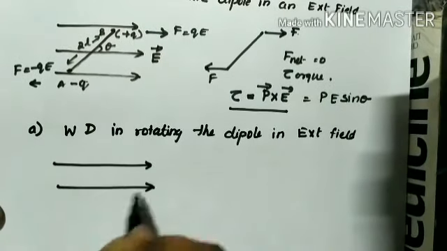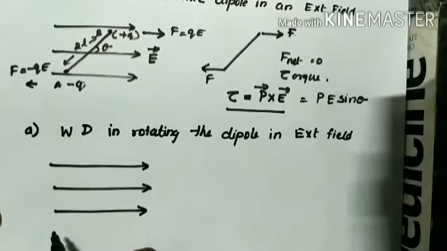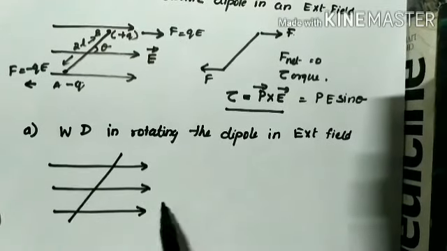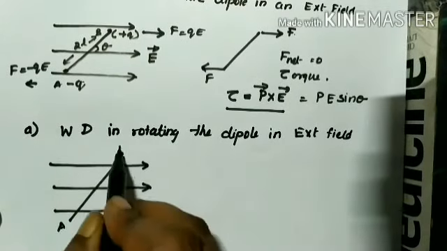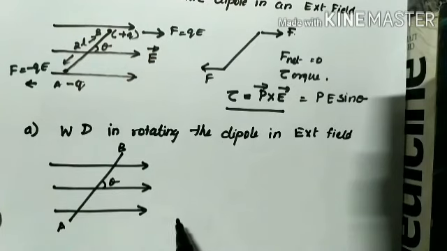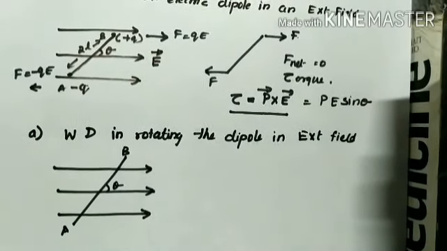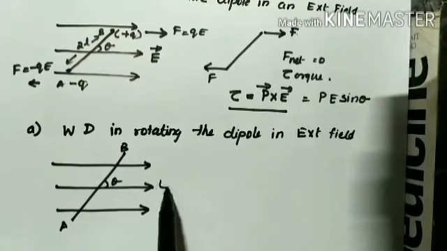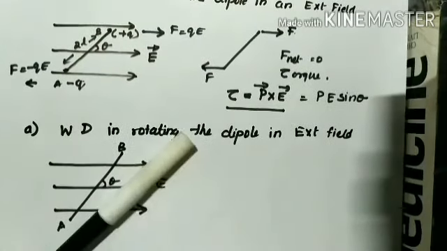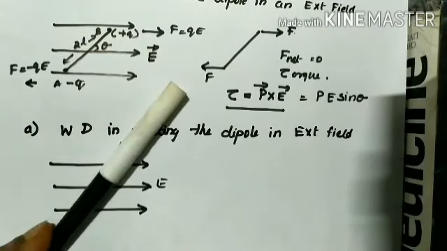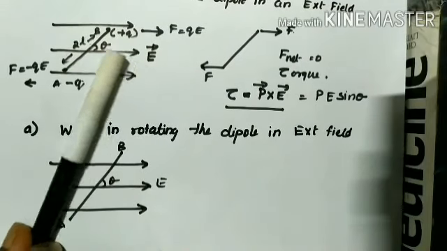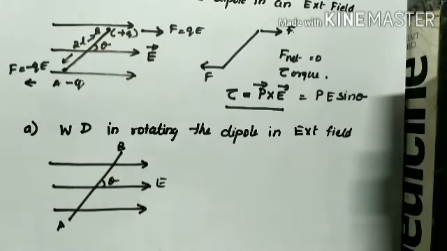So here again I'm going to draw an electric field and a dipole like this, and this is A and B. This is angle theta. Same diagram. Now in this external field E, I'm going to make this dipole rotate.